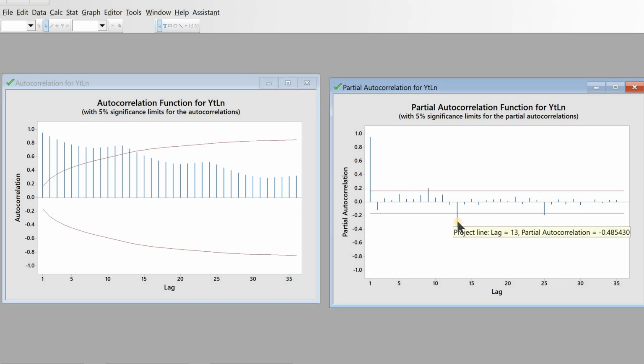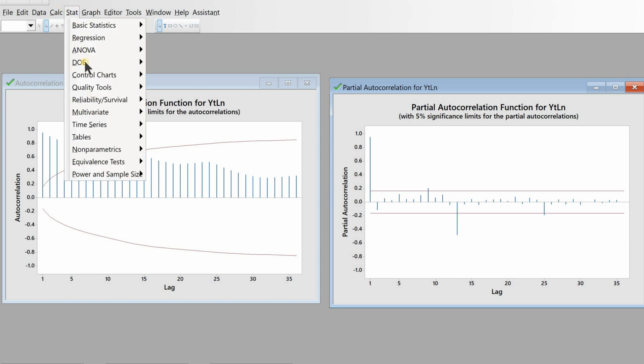The significant lag is at lag 13, but we can still consider it a seasonal lag because it is near the seasonal lag, since the seasonal period is 12 for monthly data. So we need to difference the data.